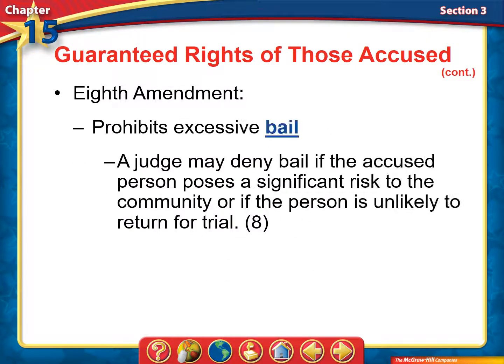Now, the Eighth Amendment also protects against excessive bail. Bail is a sum of money that is used as a security deposit to ensure that an accused person returns for his or her trial.